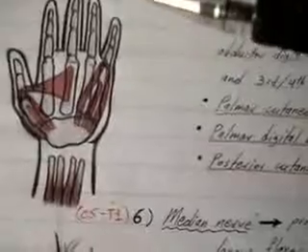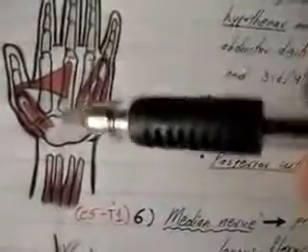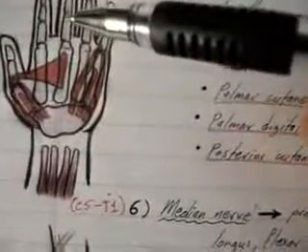The lumbricals innervated by the median nerve are the first and second, not shown here. The third and fourth are innervated by the ulnar nerve. So one more time, the thenar muscles, abductor and flexor pollicis brevis, opponens pollicis, and the first and second lumbricals.